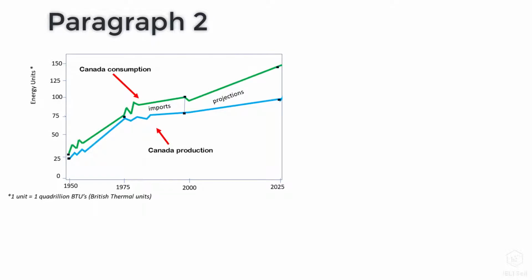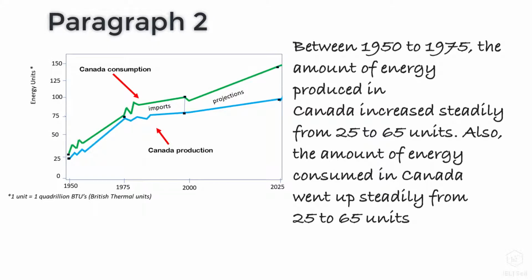So our paragraph would be like this. Between 1950 to 1975, the amount of energy produced in Canada increased steadily from 25 to 65 units. Also, the amount of energy consumed in Canada went up steadily from 25 to 65 units.